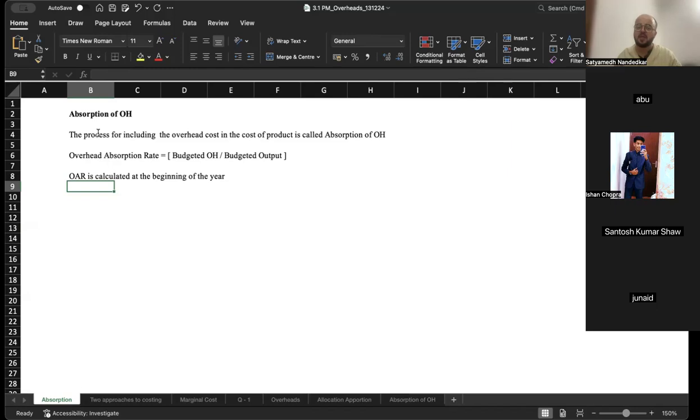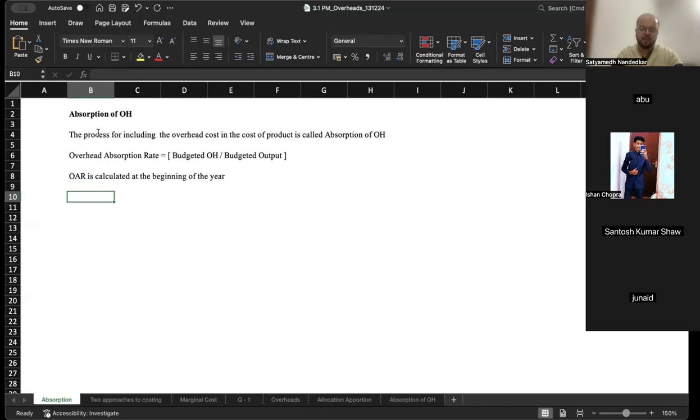Because the management wants to estimate the cost of the product, calculate the break even point, and make certain assumptions and see at every stage whether the product is profitable or not, the business entity calculates an overhead absorption rate at the very beginning of the year.